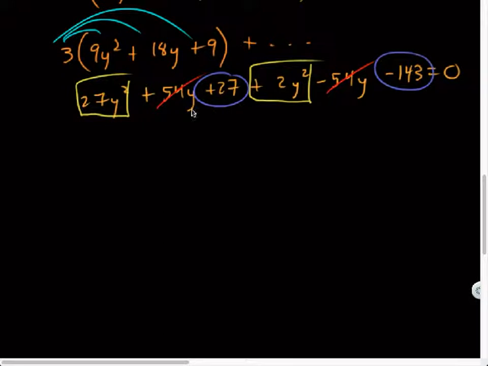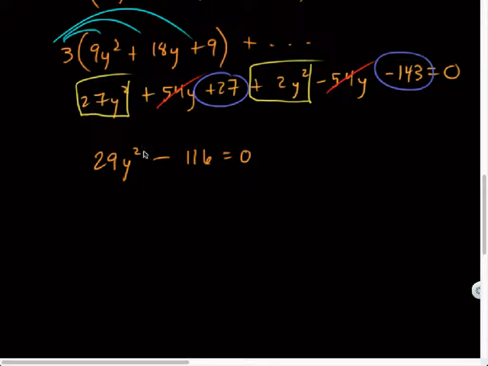So 27y squareds plus 2y squareds is 29y squareds. Let's see, negative 143 plus 27. It's going to be negative, I know that, because the more influential one. 143 minus 20 would have been 123, minus 7 would have been 116, is that right? All right, I got some backing on that.